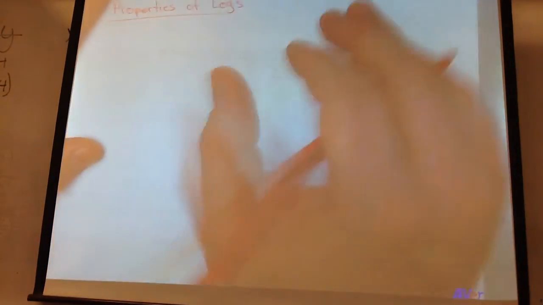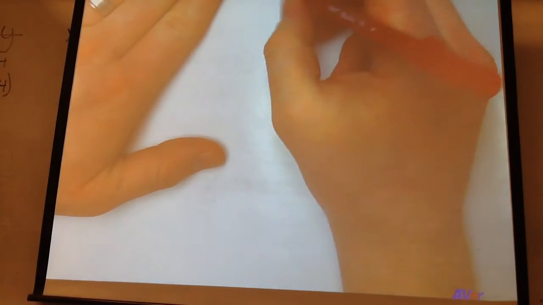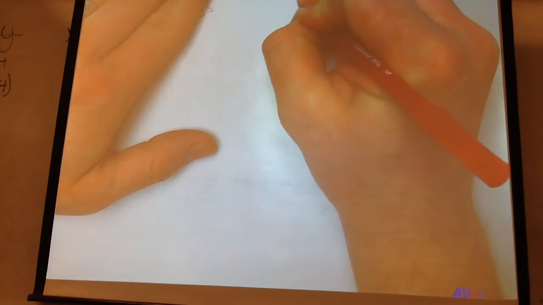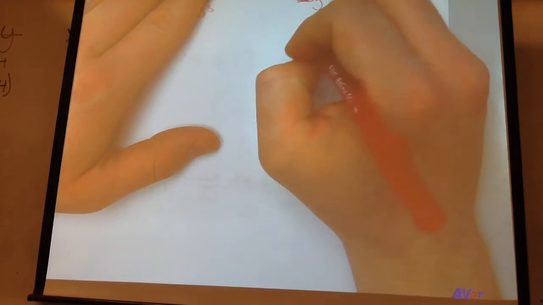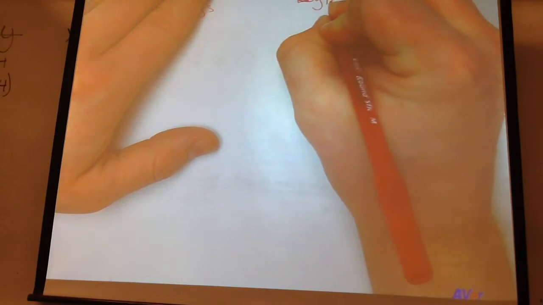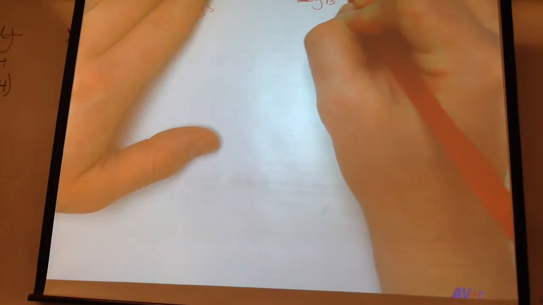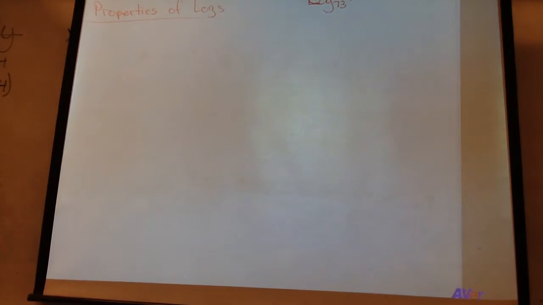Okay. Properties of logs. These are fun. Well, here's just a little brain teaser for you. The log base 73 of 1. Don't use your calculator. You gotta do this one in your head. Equals 0.